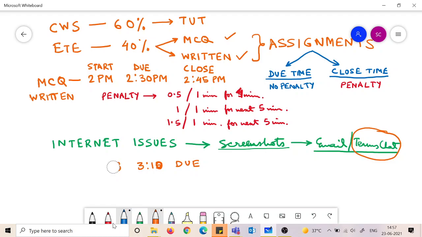We have not set the paper yet, so we don't exactly know how much time we are keeping. But whatever due time you see, please note that the due time is the time from which we will start calculating penalty. So if you are submitting after the due time, you will get some penalty.